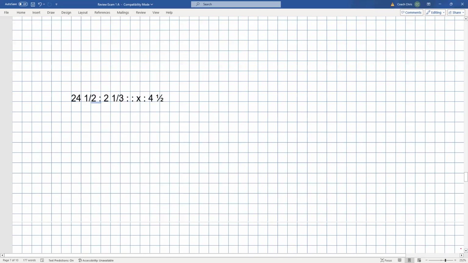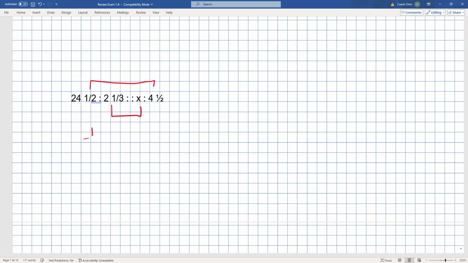These guys right here, you have a proportion. All right? So what do you know? When you got a fraction here, you have a mixed number, you have a mixed number over there. So you have to multiply extremes together, and then I gotta multiply means together.